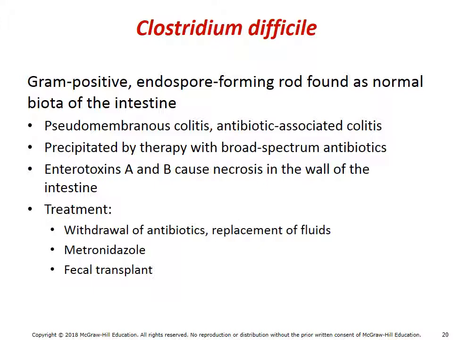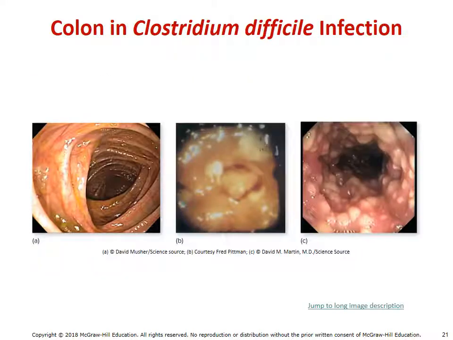So treatments, again, include things like the withdrawal of current treatments and replacement of fluids, but we also see, again, fecal transplant as being the more potentially effective treatment that's come to light. So here are some images that illustrate, again, the progression of the disease. So you can see healthy colon, very unhappy colon.